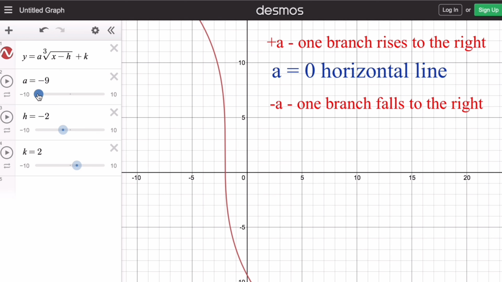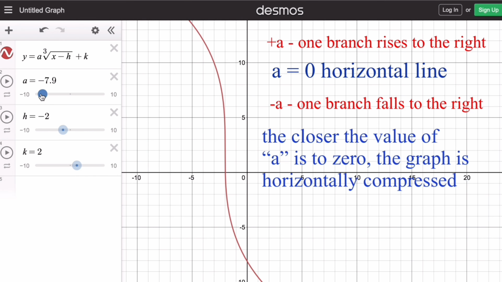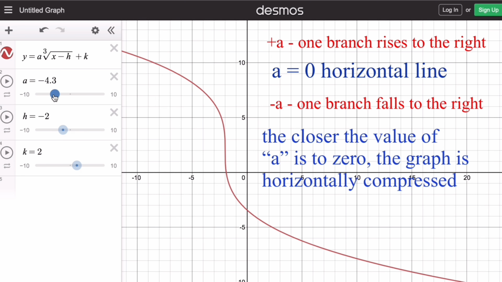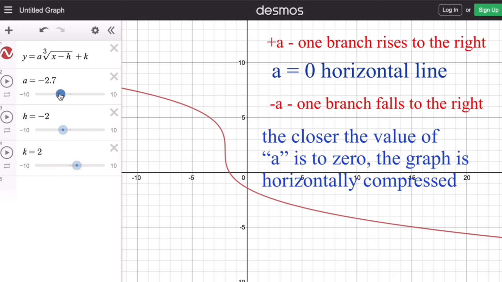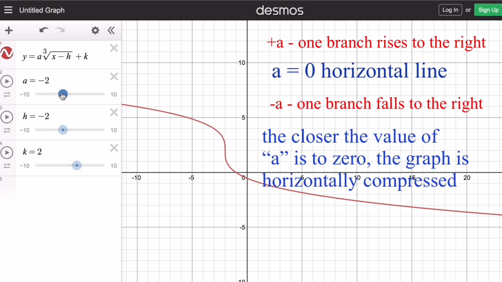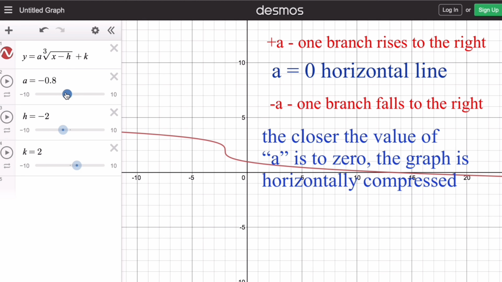The closer the value of a is to 0, as you can see here, we started from negative 10 and are moving it all the way down to 0, the more the graph is horizontally compressed. When a is 0, the graph is totally compressed, forming a horizontal line.